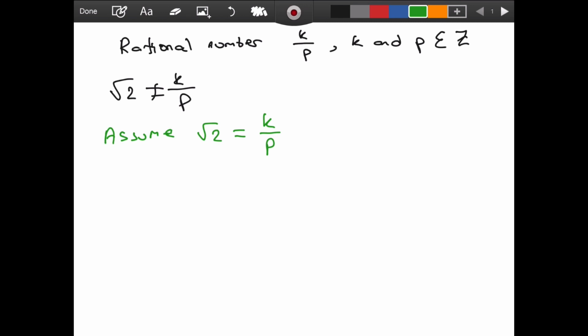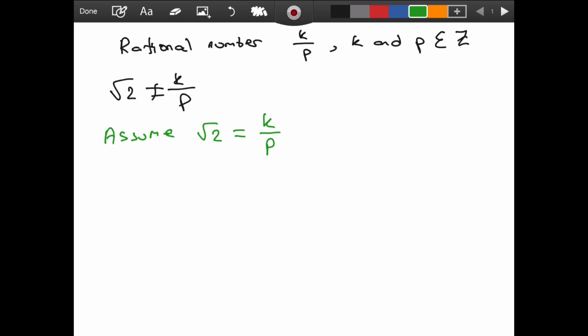Then the starting must be wrong because the final result doesn't make sense. This means the initial assumption was not correct. So I conclude that my assumption was wrong, which would help us in our proof, because if I conclude this assumption is wrong, well then I got it. I proved that the square root of 2 is irrational.